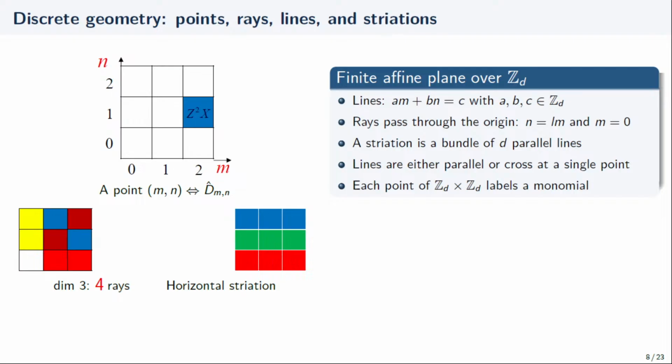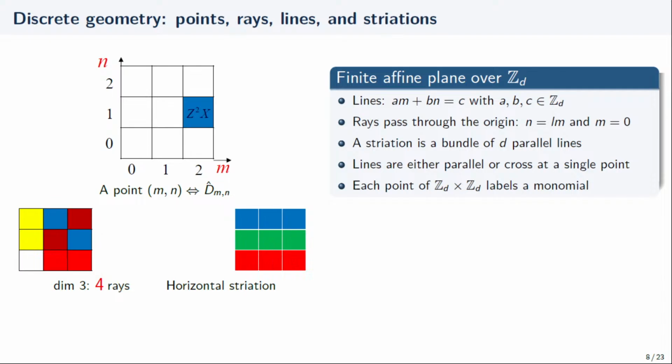How many slopes do we have here? We have 4 different rays: a horizontal ray, this ray, a vertical ray, and this is also a ray. For each ray, we can put in correspondence parallel lines. What is a parallel line? A line that has no intersection with the ray.